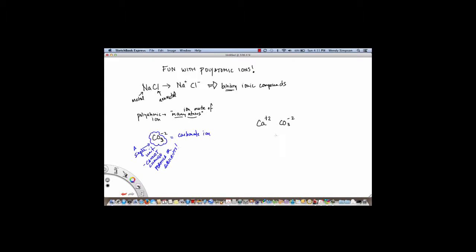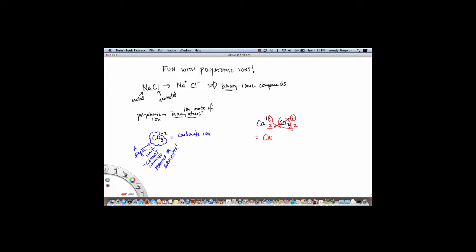As you recall, in order to get the subscripts, we can apply the crisscross rule. So the charge on the cation becomes the subscript on the anion. And when you're adding a subscript to a polyatomic ion, you have to put parentheses around the whole polyatomic ion. And the number of the charge on the anion becomes the subscript on the cation.